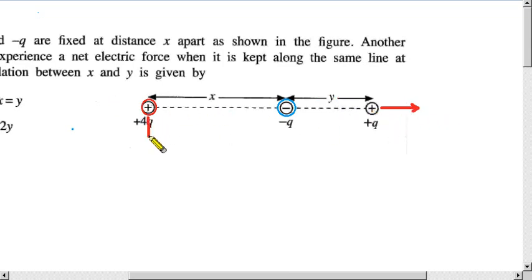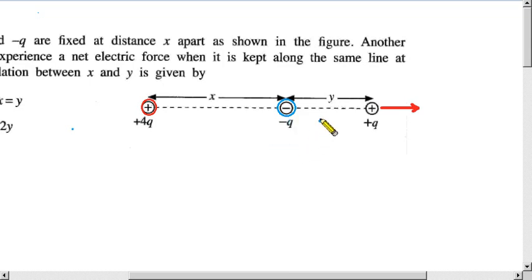So this one is fixed, so it doesn't move. Therefore the force that this one feels must be directed to the right side, and the force given by this one to this positive q is an attraction, because negative and positive. So this one doesn't move, it is fixed.